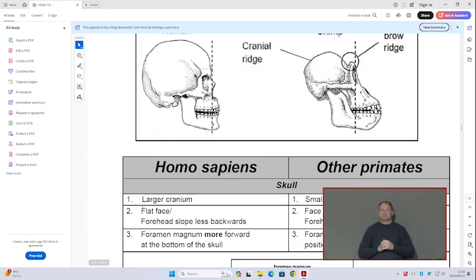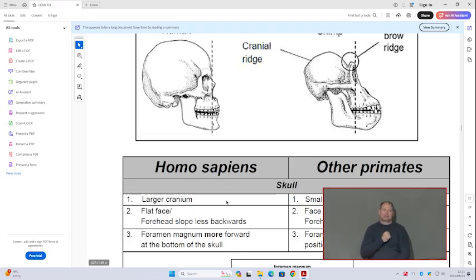Now when we get to this difference, learners usually write larger skull instead of a larger cranium. It's wrong if you write large skull. It must be larger cranium or large cranium. And then other primates, they have a smaller cranium, not the skull.